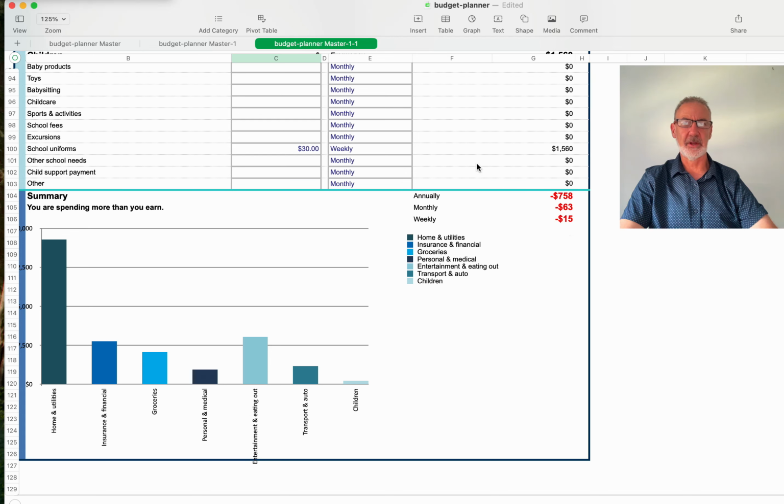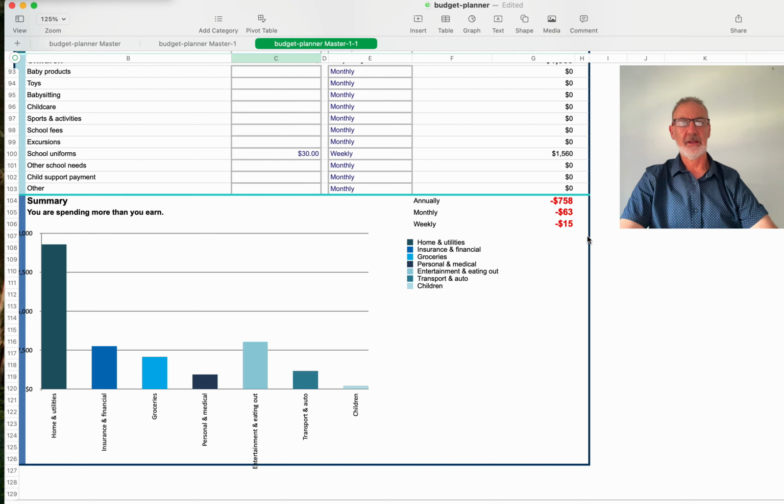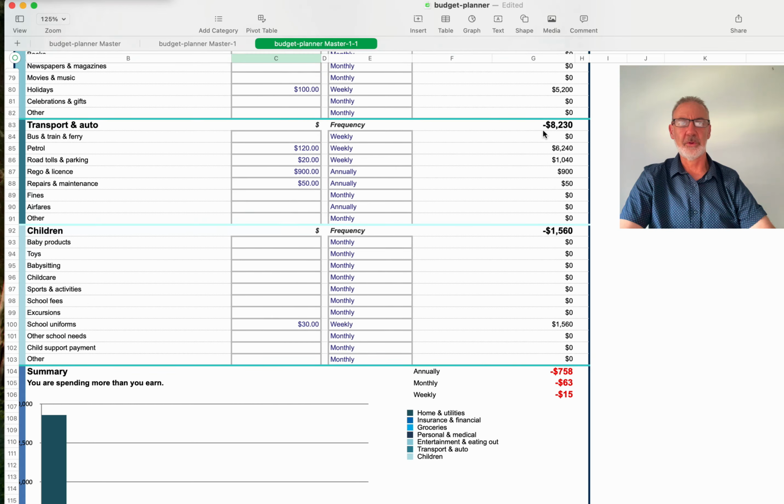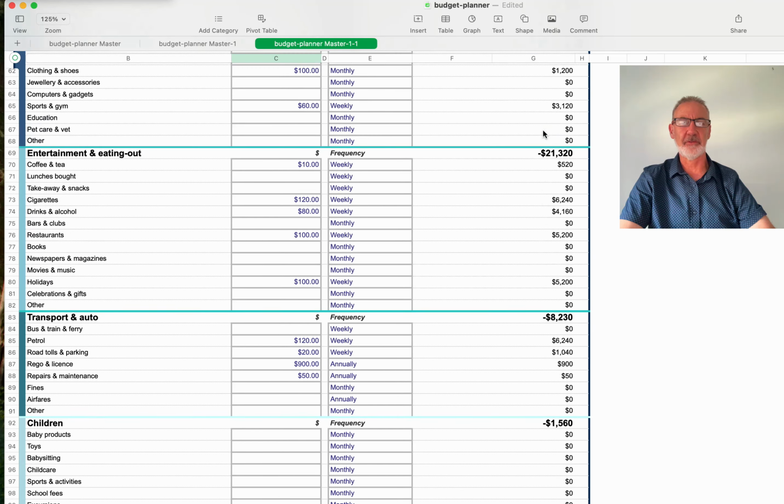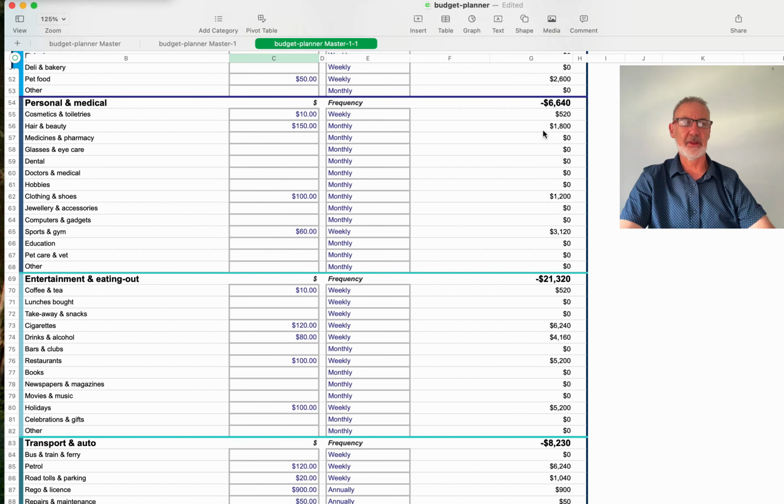That means by the time the year's up, you will be negative $758, or a shortfall of $758 a year. That's why a lot of people get caught with their budgeting, because they don't allow for things that are coming out monthly, quarterly.